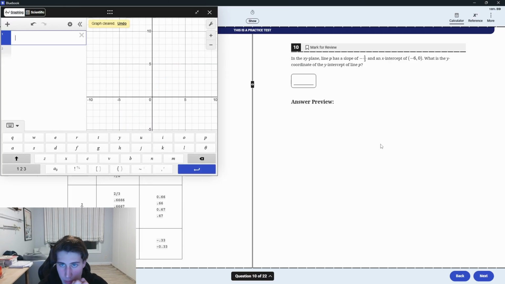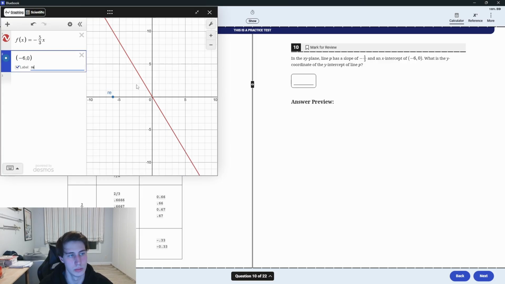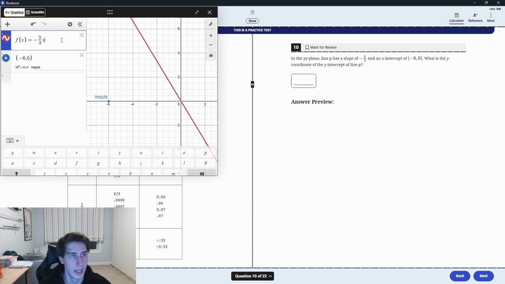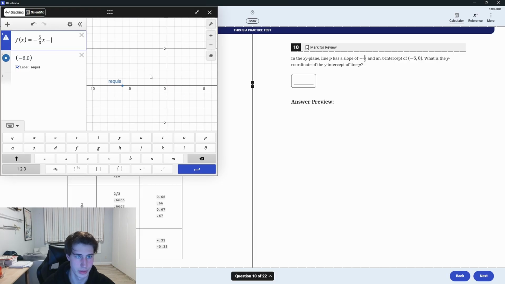Number 10, in the xy plane, line P has a slope of -5/3 and an x-intercept of -6. What is the y-coordinate of the y-intercept of line P? So we know the line P, we'll define it as f of x, has a slope of -5/3 x, and it also has an x-intercept of -6, 0. So we'll label this the same thing, and we'll just add or subtract numbers until we find a number that works.